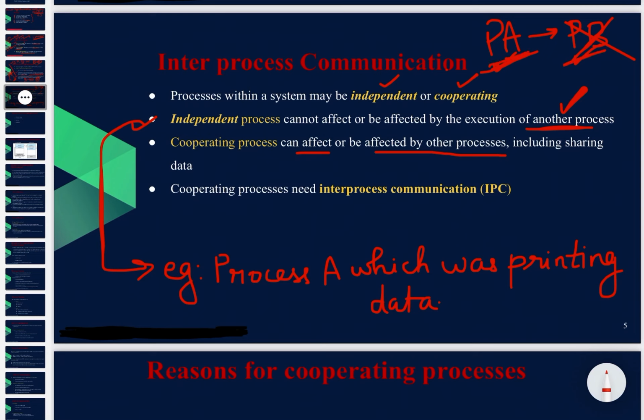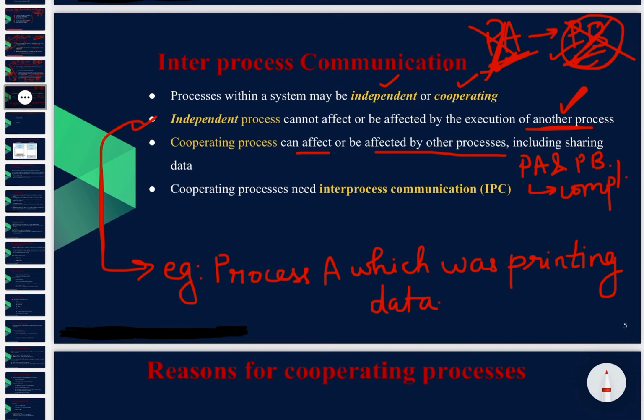Similarly, if process A is not there, process B will be affected. So both processes have to be present, otherwise one will be affected, and we say that process A and process B are cooperating processes.